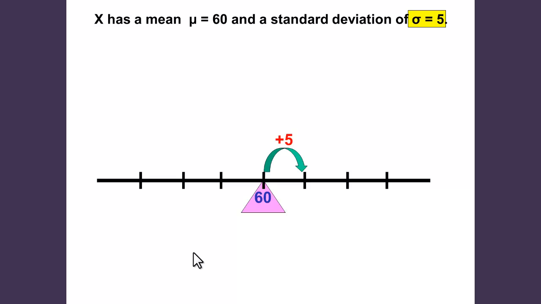First, one jump of 5. 60 plus 5 will give us 65. Then a second jump.